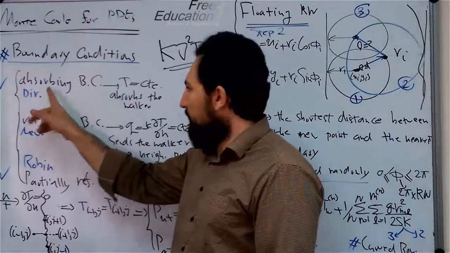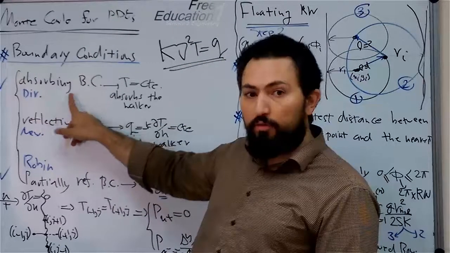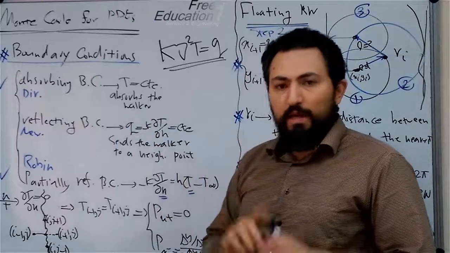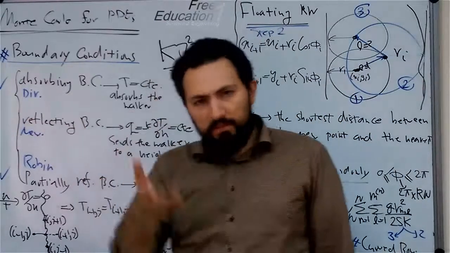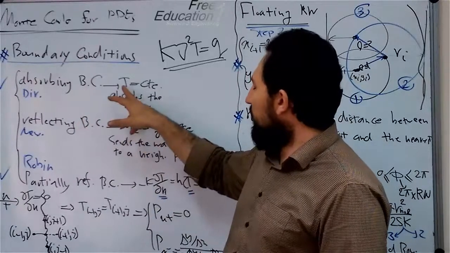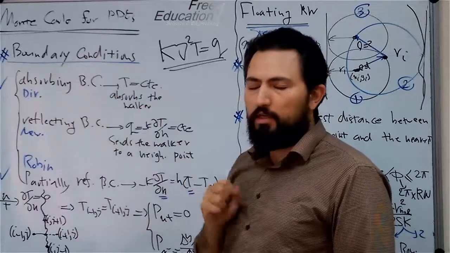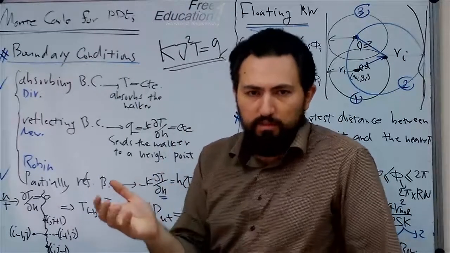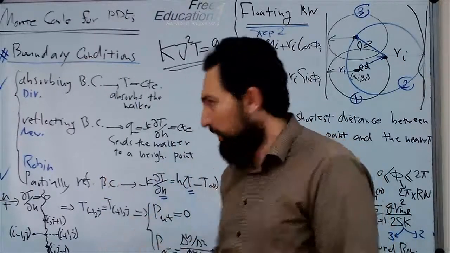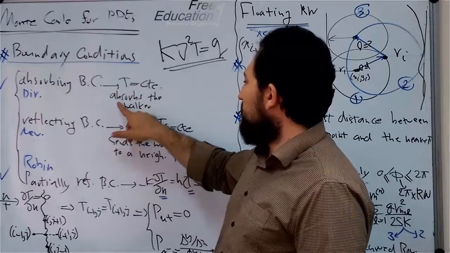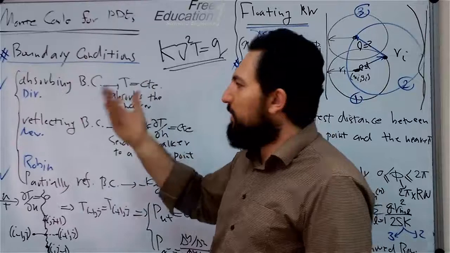The first type of boundary condition is the absorbing boundary condition, or in mathematical framework, the Dirichlet or the first type boundary condition. In this type, I give you the magnitude of the unknown parameter, such as temperature here, on the boundary. So T is constant, this is the other name of this type.